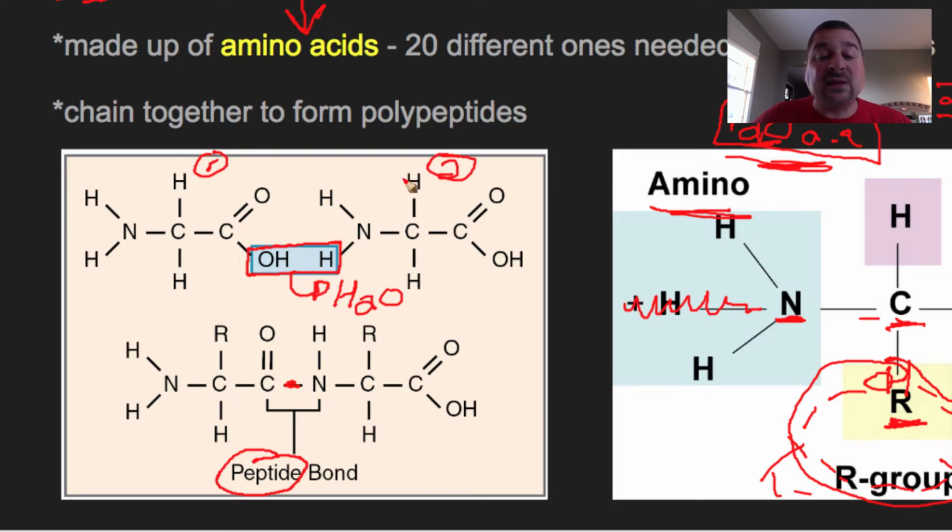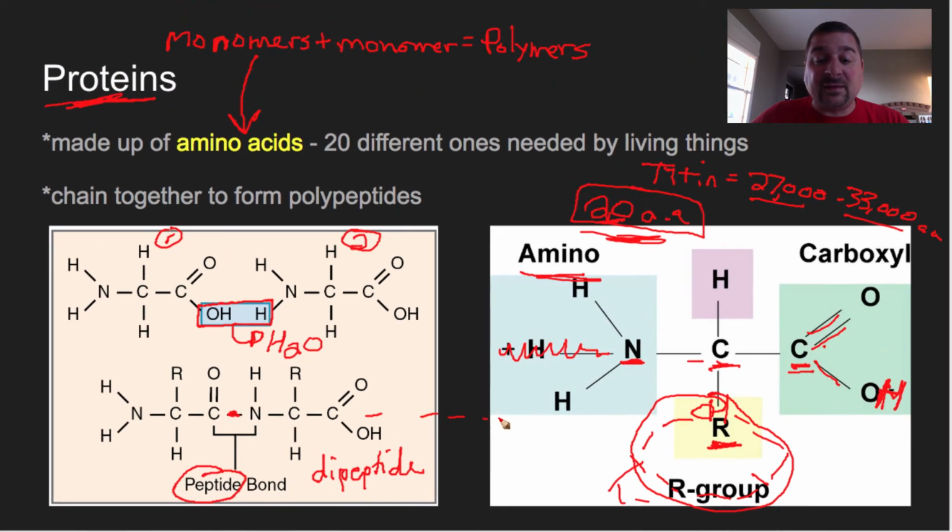When you combine two amino acids, you have a dipeptide. You start chaining a whole bunch together, 3, 4, 5, 6, 7, then you get what we call a polypeptide. And they can get very, very large, like the protein titin that's thousands of amino acids long.